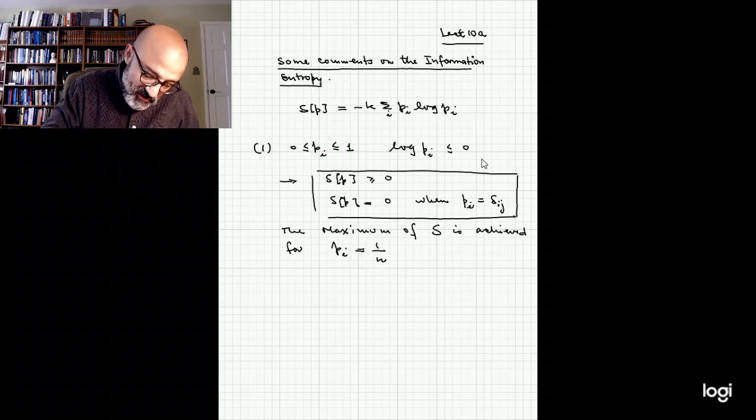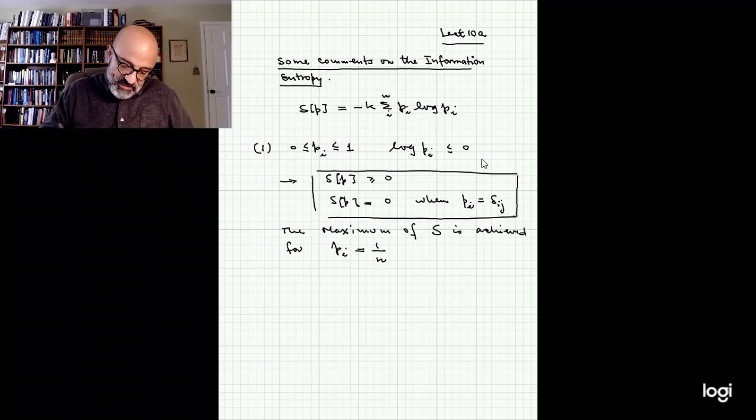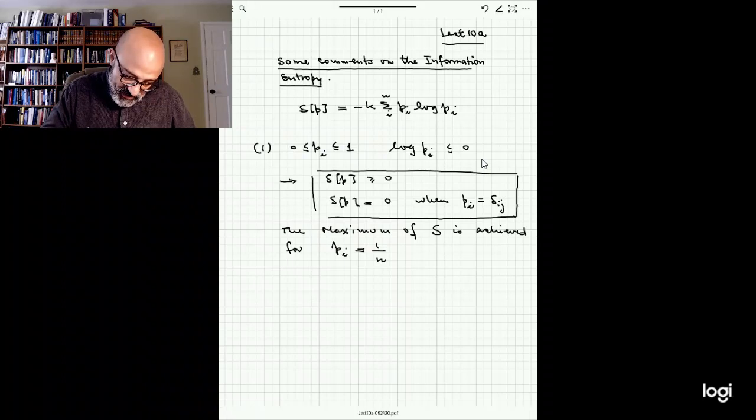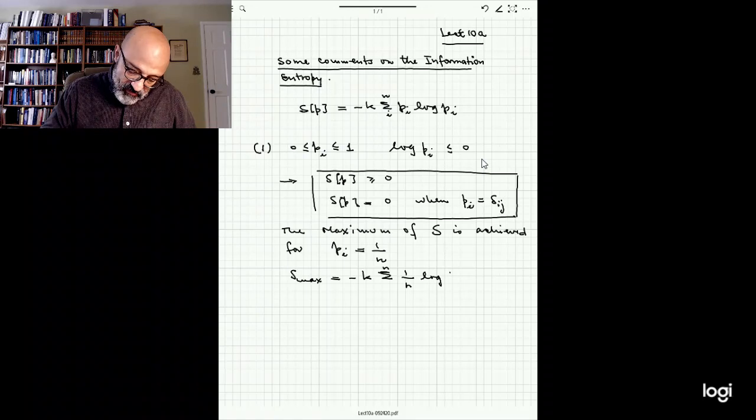So this is i equals 1 to n possibilities. And when you do that, the maximum is going to be minus k, the sum of 1 over n, all the way to n here, the log of 1 over n.